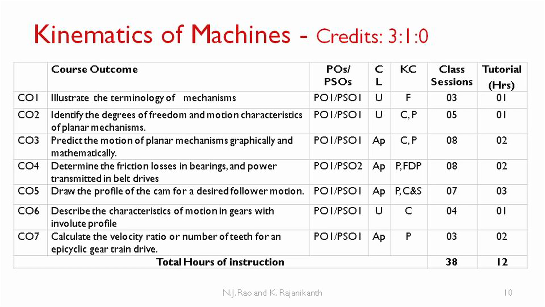The CO is mapped to POs, PSOs, cognitive level, knowledge category, and the number of classroom sessions including tutorials and laboratories devoted to this particular CO. If you look at the second CO, that is also mapped to PO1 and PSO1, that is also at the cognitive level of understand, but the knowledge category is both conceptual and procedural, and the number of sessions devoted to that CO is 6, 5 classroom sessions and 1 tutorial session.